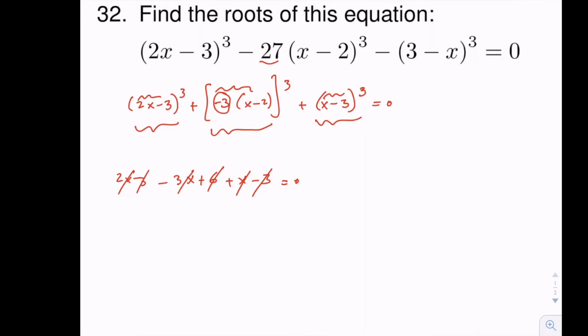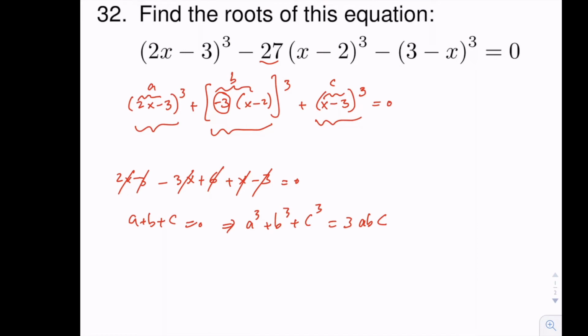And if you remember from problem 1, and we have been using this identity quite frequently over the past few questions, we have three numbers, a, b, and c, whose sum is 0. So a plus b plus c is 0. And therefore, the sum of the cubes of these three numbers, a cubed plus b cubed plus c cubed, will be equal to 3abc.